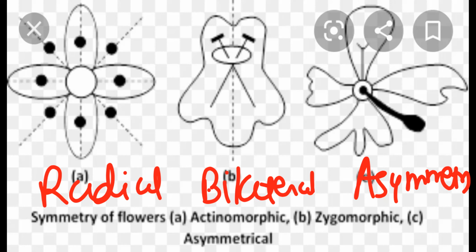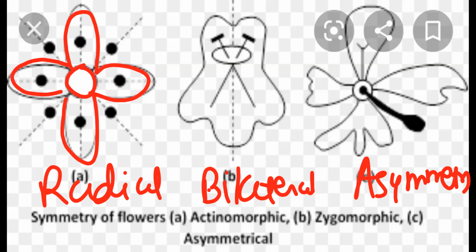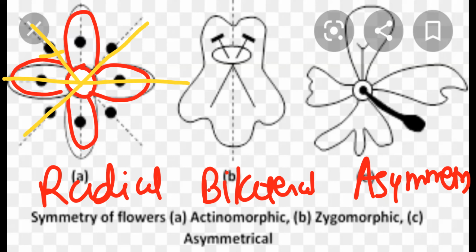See here, same thing. This is the flower. Right? Now if we cut this flower in this axis, then it will divide into two equal halves. When we cut in this way, again it is divided into two equal halves. Next, if we cut in this format, some flowers are there.